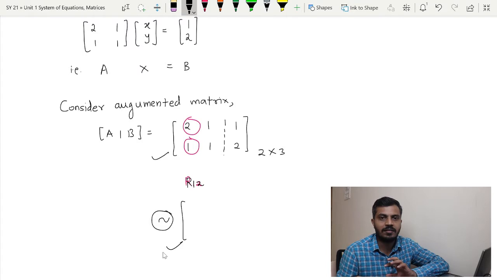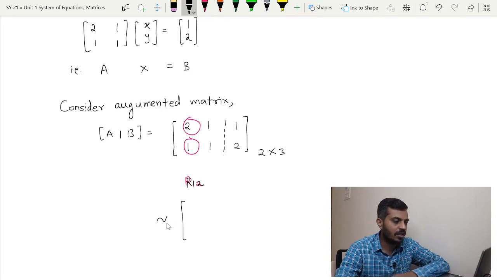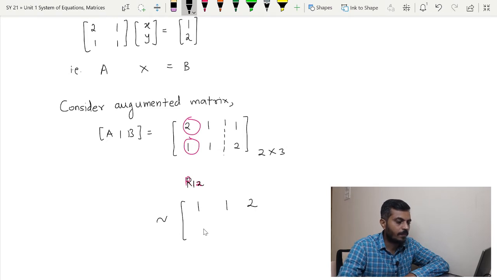Two matrices are said to be equivalent if one is obtained from the other by performing some elementary row operations, and that is exactly what we are doing here, because we are performing an elementary row operation on this matrix. So whatever matrix we get here, it is an equivalent matrix, it is not equal. So after interchanging first and second row, I will get this matrix.